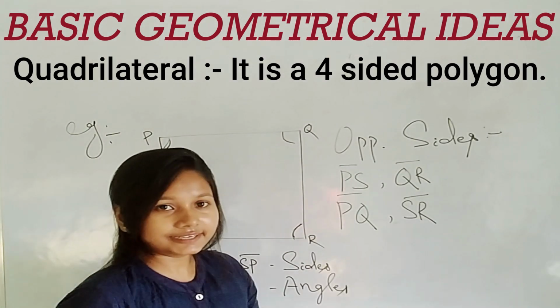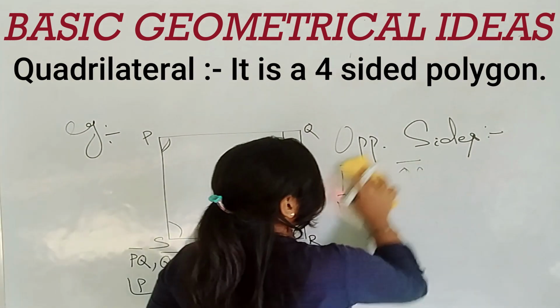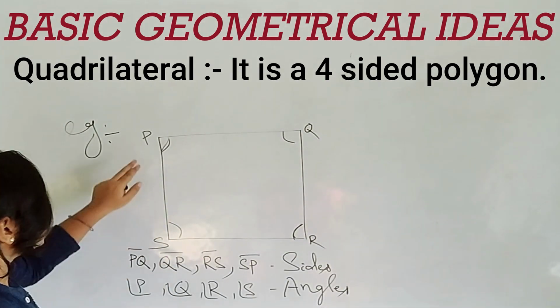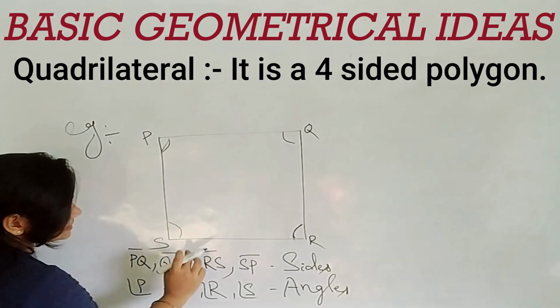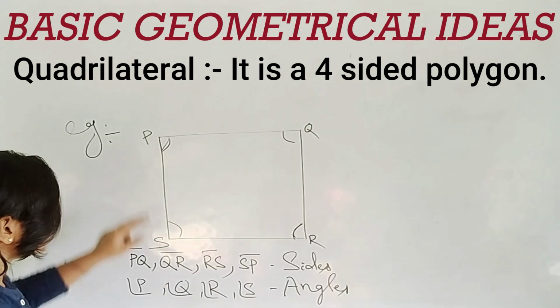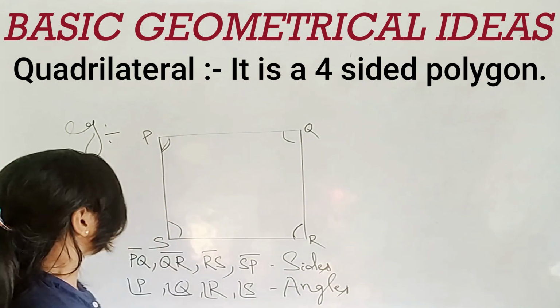Now we will know our adjacent sides and adjacent angles, right? Then what are adjacent sides? Right? In this picture, PS and SR are adjacent sides because these two sides share one endpoint, right?